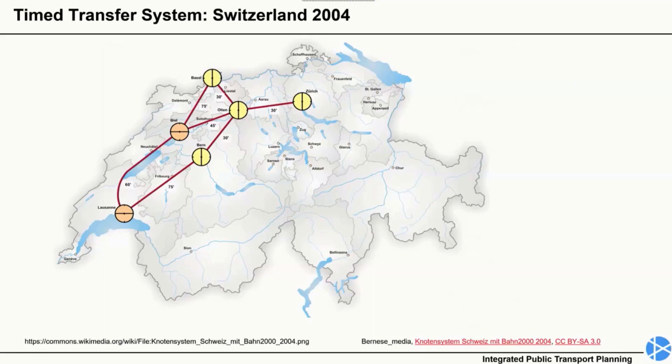This is the Swiss system in the year 2004, where they had running times of 30 minutes between quite a few of their main cities. And here they had 60 minutes. But they had places where the travel time didn't really fit with the idea of a timed transfer system.